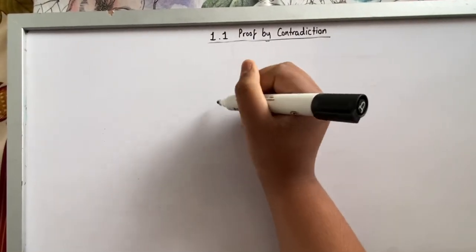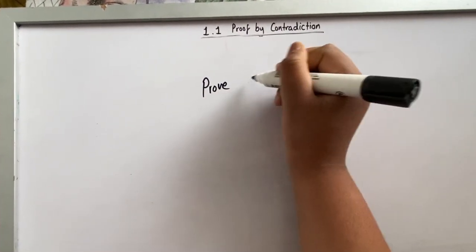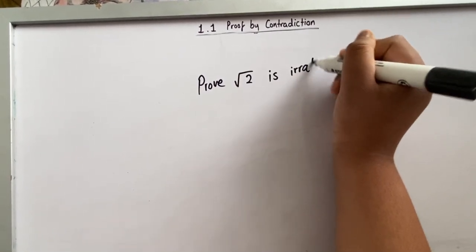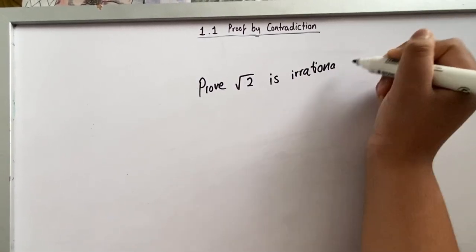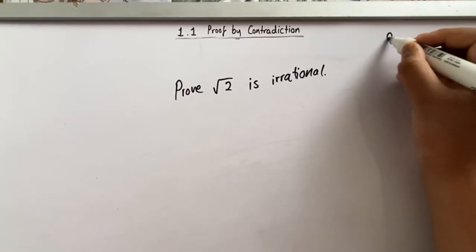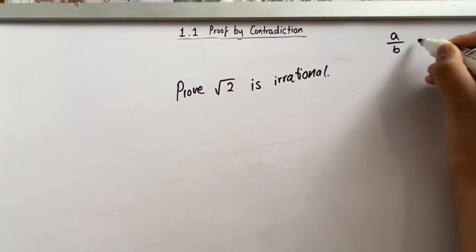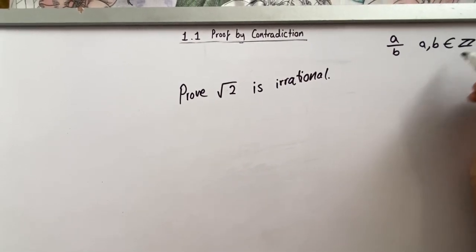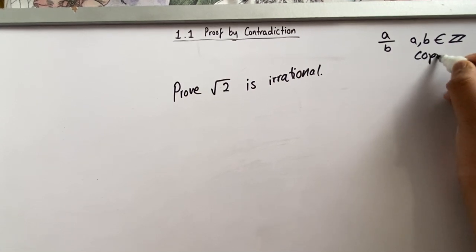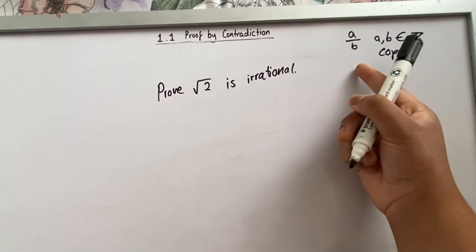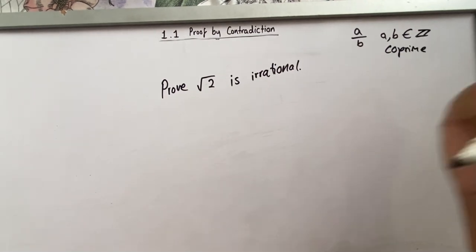This time, we're going to prove that root 2 is irrational. All rational numbers can be written in the form a over b, where a and b are integers and they are co-prime. What this means is that the greatest common factor between a and b is 1.